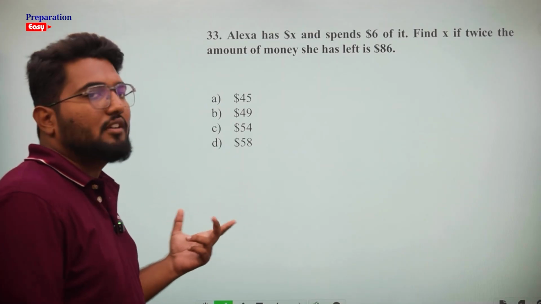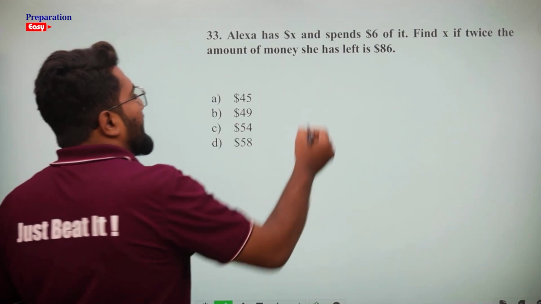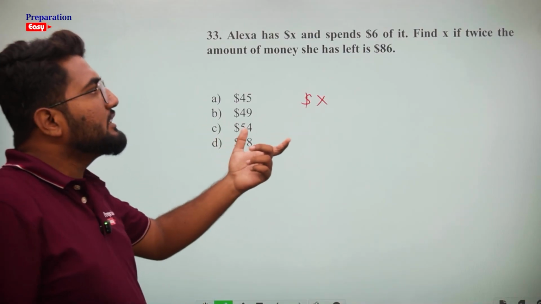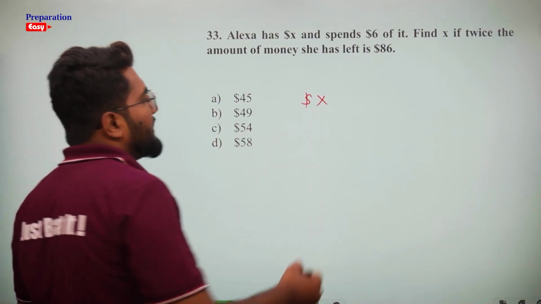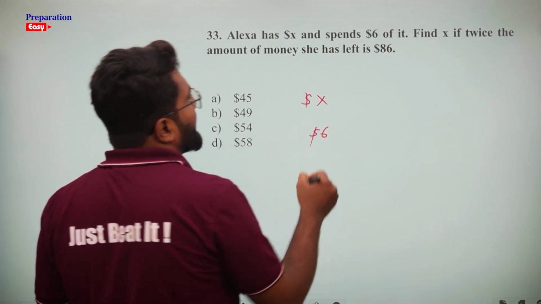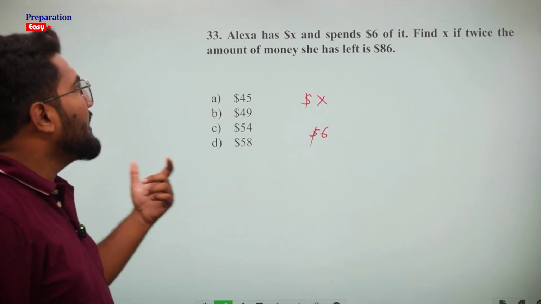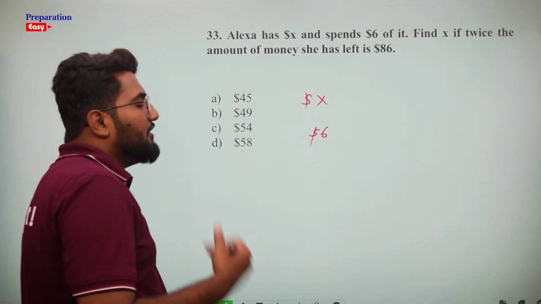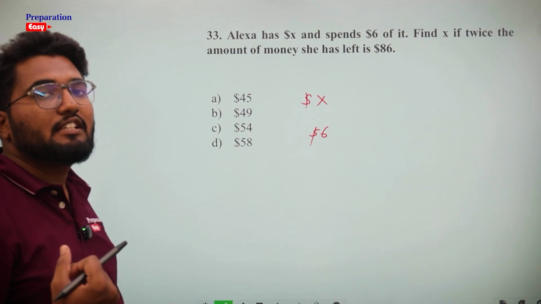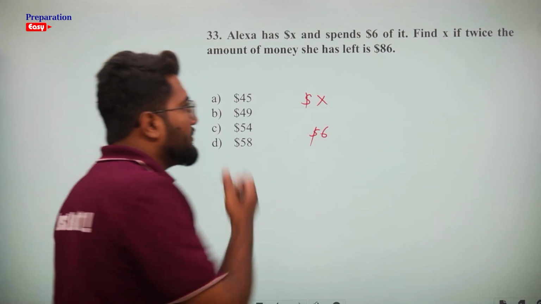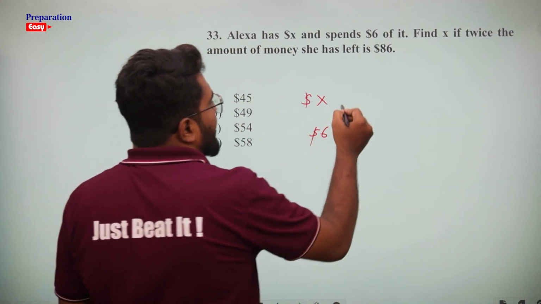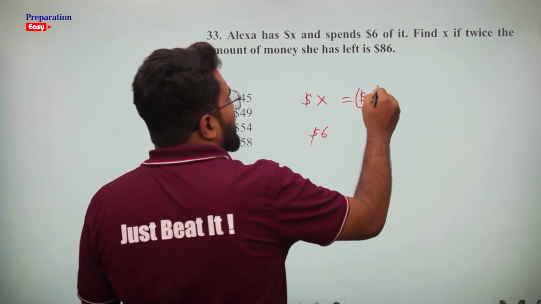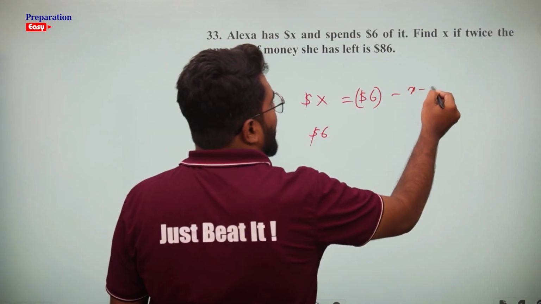Alexa has x dollars. Out of which she spent $6. Find x if twice the amount of money she had left is 86. So if the total money is x and she had spent $6, how much money is left? x minus 6.